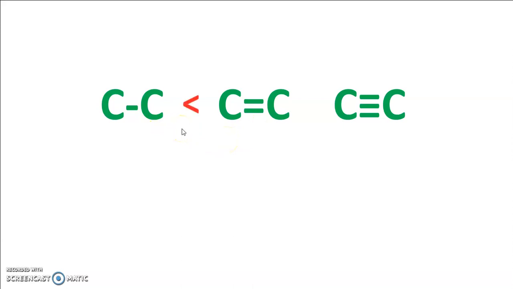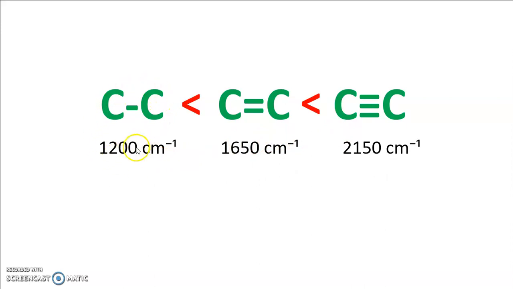The C single bond C has a lower vibration frequency than C double bond C, because the double bonded carbon-carbon bond has a higher bond order, which leads to an increased force constant, which is lesser when compared to the C triple bond C. The IR band of C single bond C appears at 1200 cm inverse, C double bond C at 1650 cm inverse, and the C triple bond C, having 2150 cm inverse, has the greatest vibrational frequency.